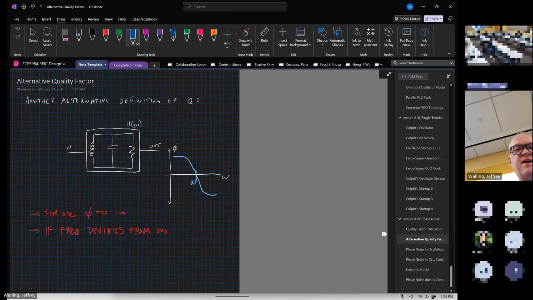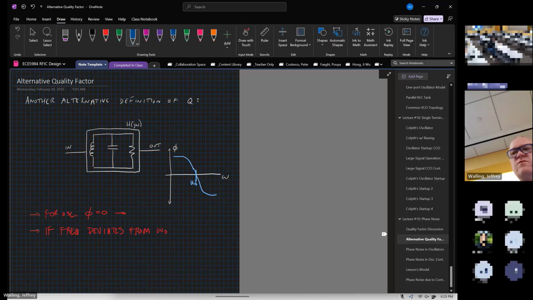Exactly at omega naught, the reactances should be completely canceled with one another. In other words, the voltage and current should be in phase, so there should be no difference. So we go to 0 at the resonant frequency.